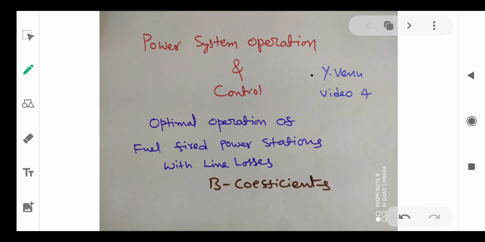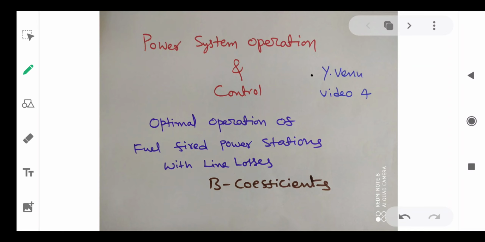Generators have to supply not only loads but also transmission line losses, and transmission line losses are around 15 to 25%, which is a significant amount in the power generation.